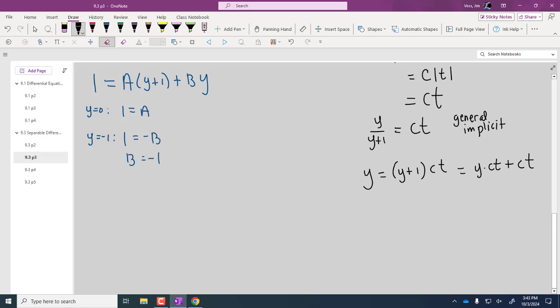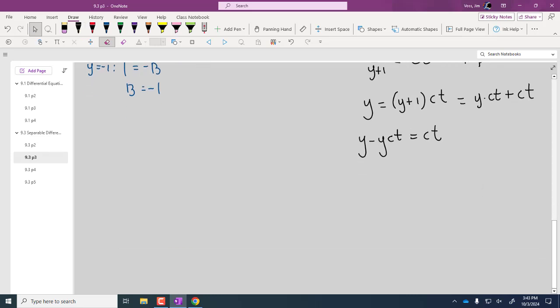Now subtract that y term back to the left. Factor out the y. Divide, and voila. Now we have what we're looking for.